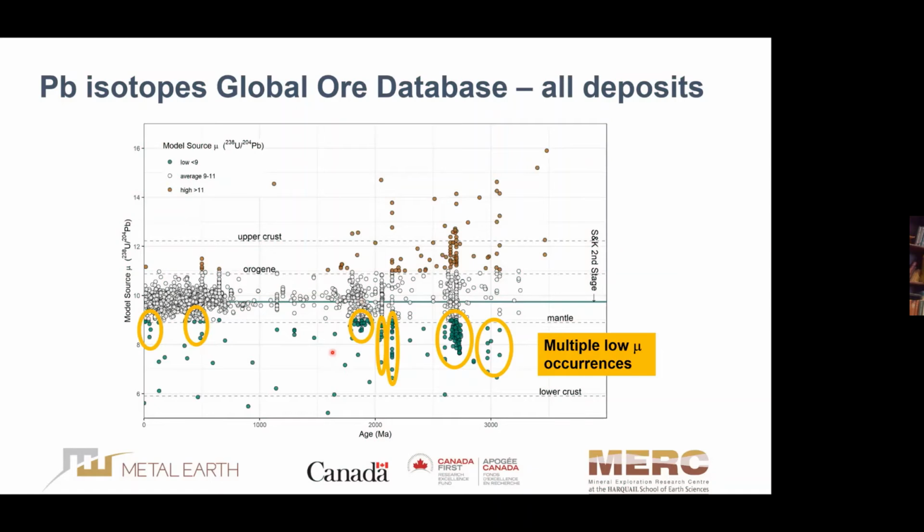There are multiple low mu occurrences through time, just highlighting a number of the more important ones here, of which the Superior is one of the most important and certainly by far the best studied, and hence our interest and involvement in Metal Earth.